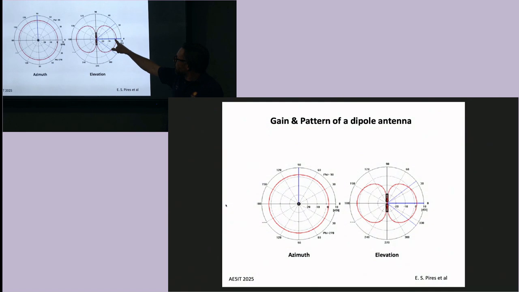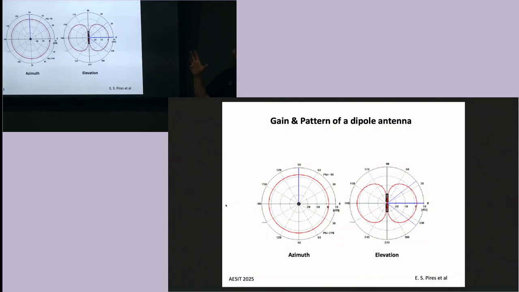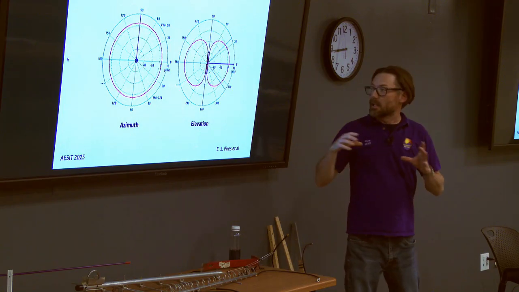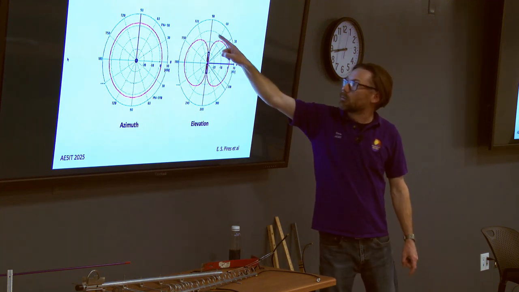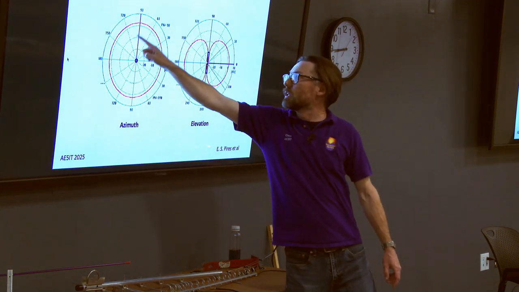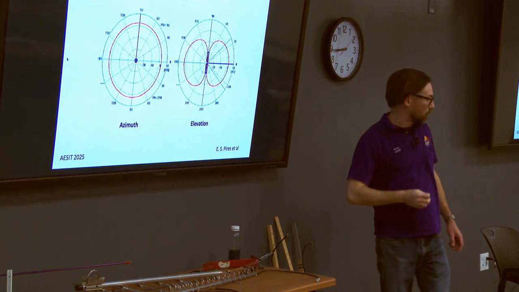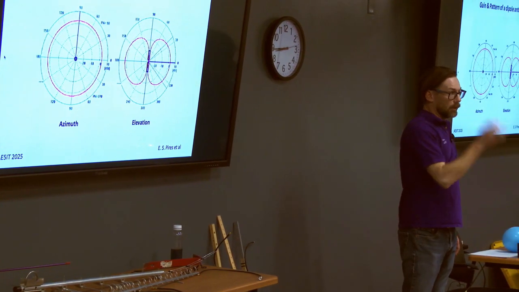One thing to point out, if you can read the scale here, we have this 0 line on this round grid. That is 0 dBi. So if we were to plot an isotropic antenna on here, you would see this red right here on this 0. 0 dBi means no gain compared to an isotropic.